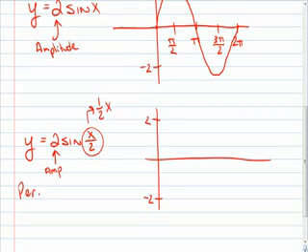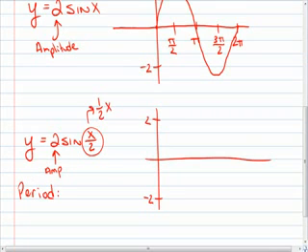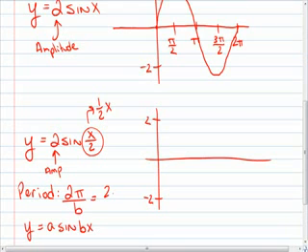And our period, or the time in which it repeats itself, is 2 pi over b, b being the number that is beside the variable x. So in this case, our period is 2 pi over 1/2. What's 2 pi over 1/2? It is 4 pi.